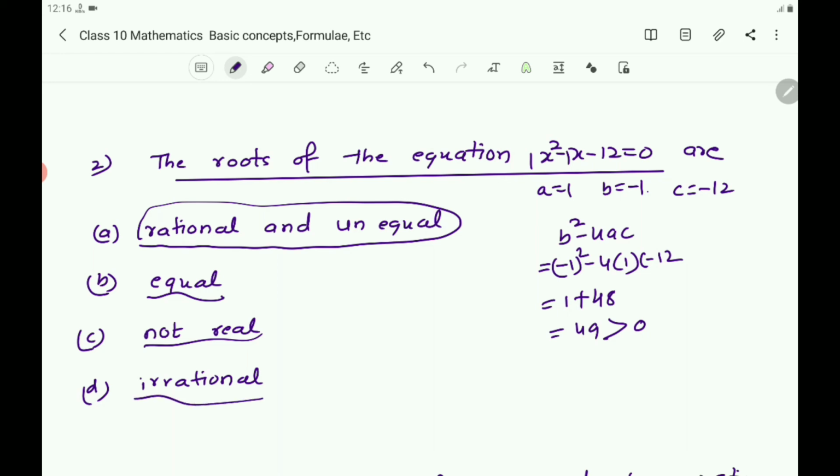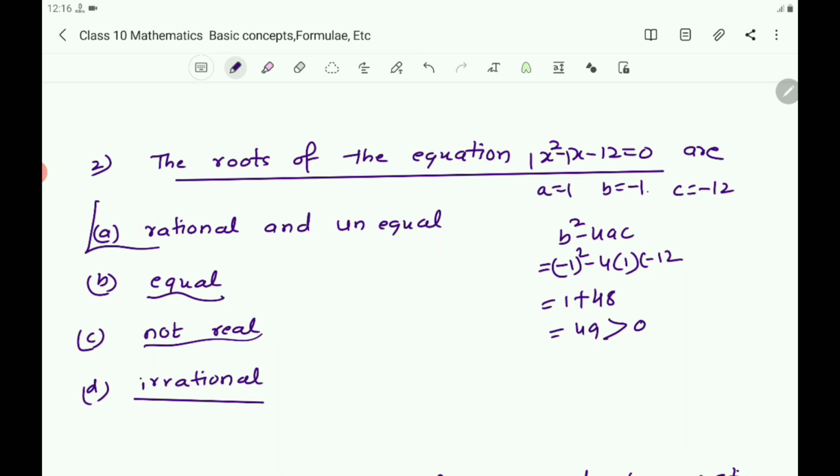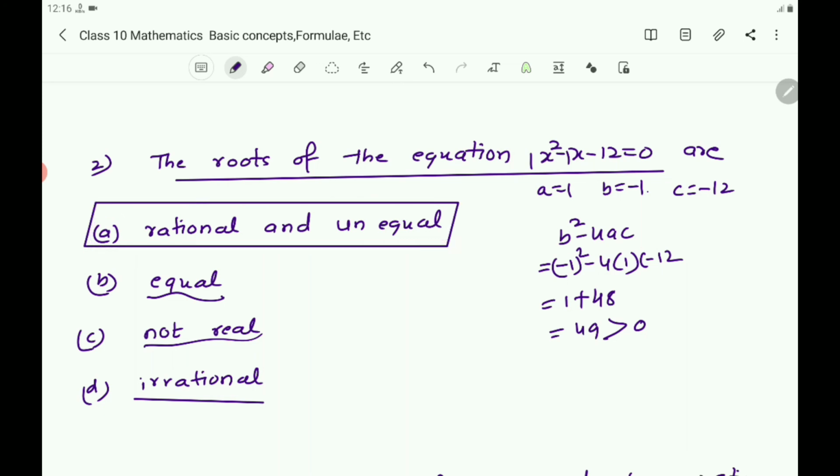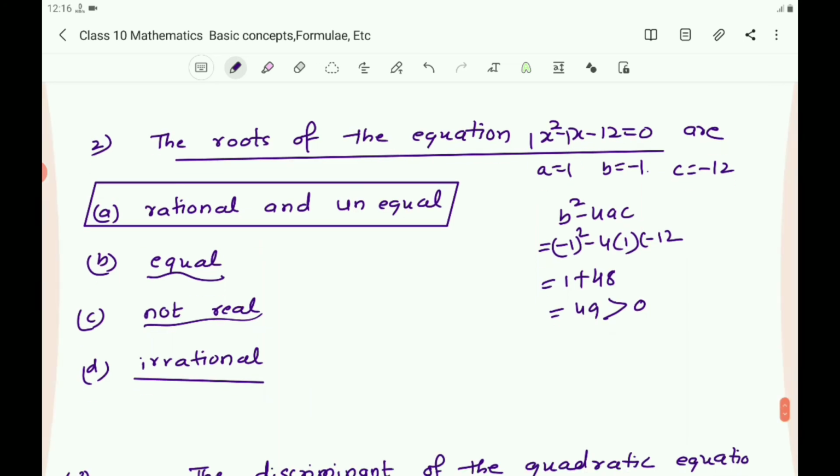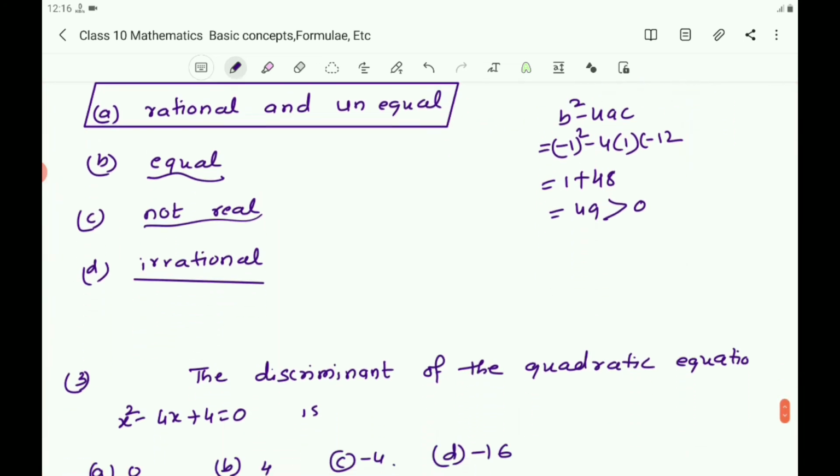Irrational and rational are both real, but the word unequal is there. So the convenient answer, rational and unequal, becomes the option here. That is the answer.